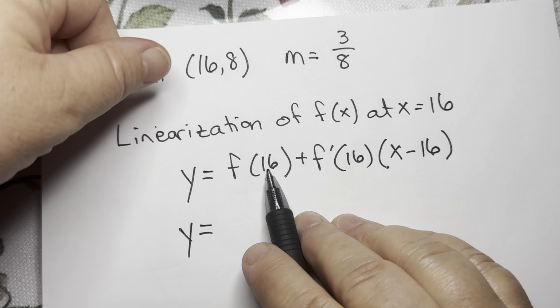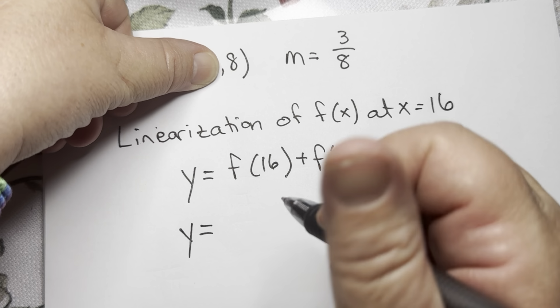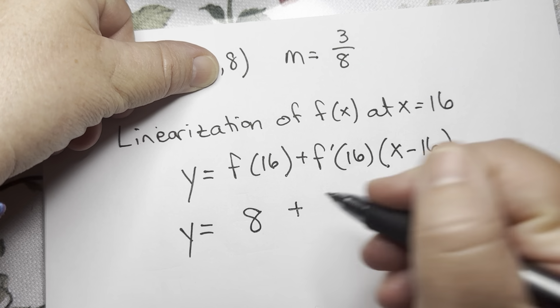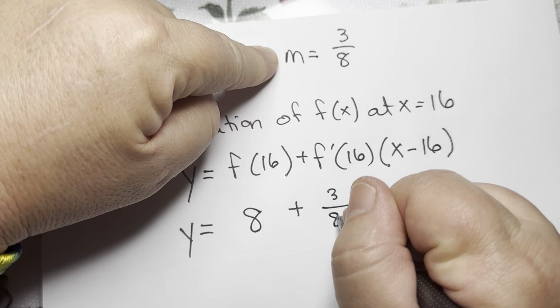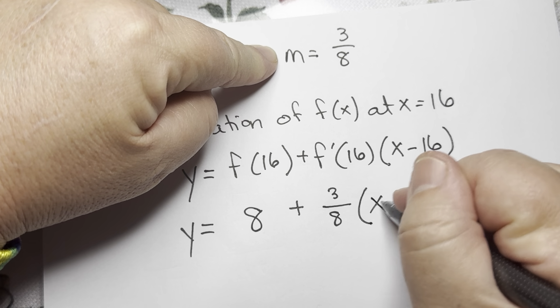F of 16, that's the y value. That's 8. F prime of 16, that's the slope. That's 3/8. And then we've got x minus 16.